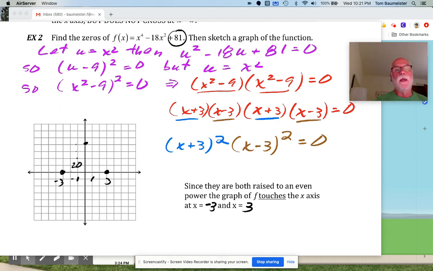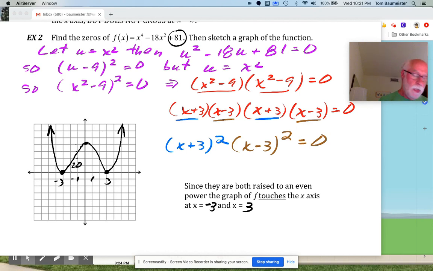The one in the book has a negative a, so it has negative x to the fourth. This one here is positive, so we know that they're both going to go up. Knowing that, our end behavior is going to look like this. Remember, when it was even, it touches the axis but does not cross. So it looks like we have a nice W there.